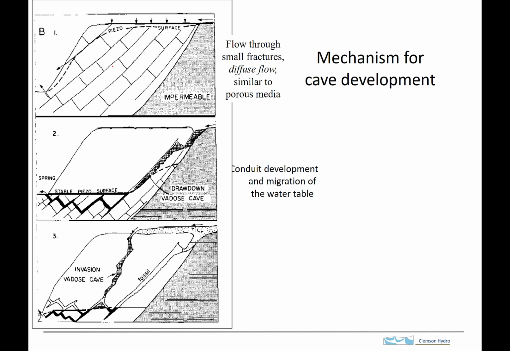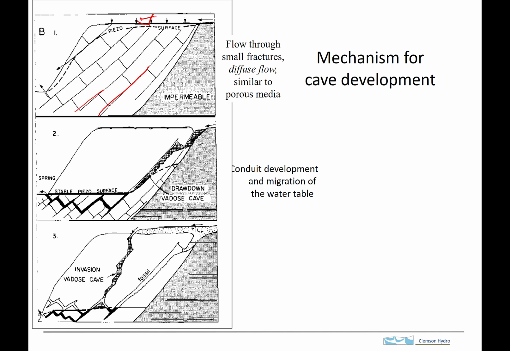So here's another conceptual model of a karst system. This is showing the development of a cave system where we've got some limestones that are dipping like this, and initially the piezometric surface looks like that.